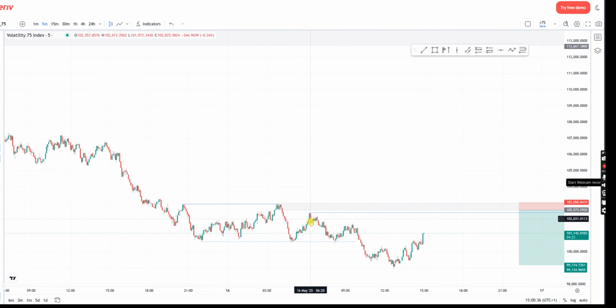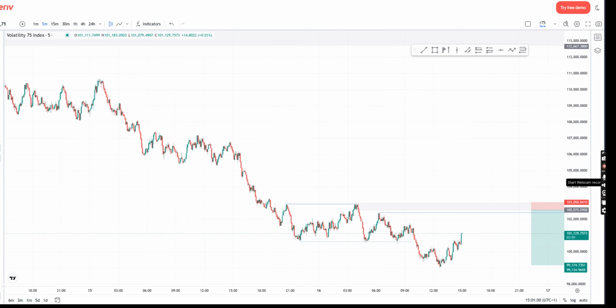You can see this pull up, pull down, then pull up. It mitigated it, and then pull down, pull up. It also mitigated this. But if you see this one, after pulling up, pulling down, it didn't mitigate this area. That's why I took my entry. Assuming there was a leftover POI here, I would have taken a sell from there. So that is very much it.